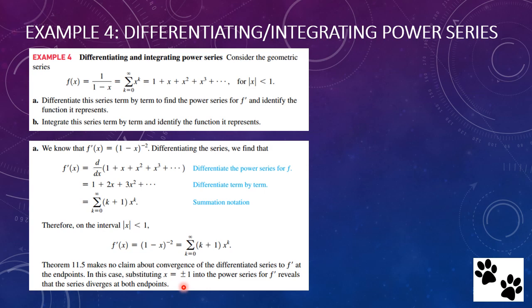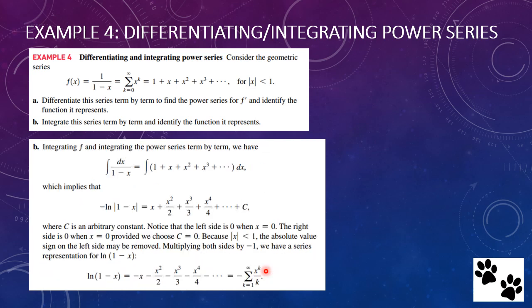And the same thing here, as the theorem we just looked at, 11.5, does not talk about the endpoints. It just says that if the series converges, the derivative and integral will converge within that interval of convergence.